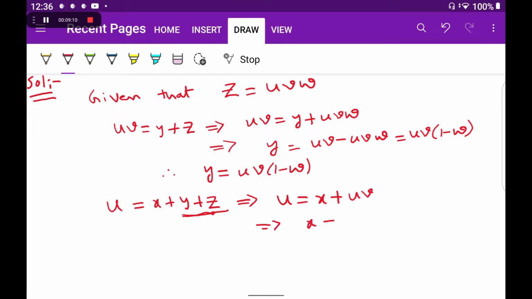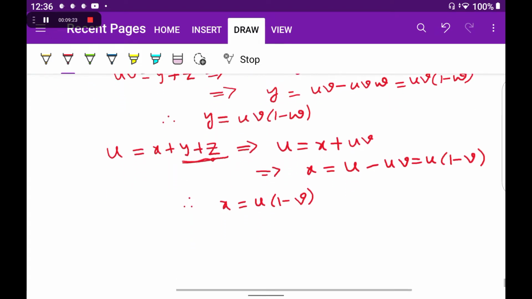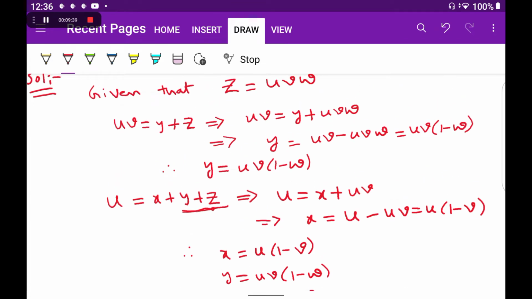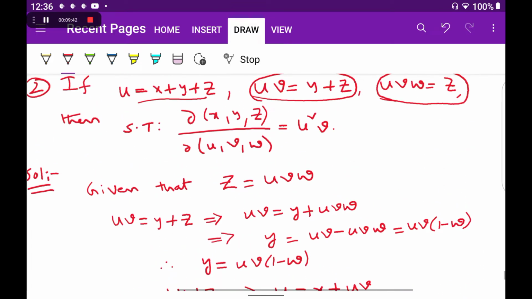So from this we need x, u minus uv, u into 1 minus v. Therefore x is u into 1 minus v, y is uv into 1 minus w, z is uvw, right? So this is how we have to find out xyz. We have to express xyz in terms of uvw first of all, to find the Jacobian of xyz with respect to uvw. Okay.